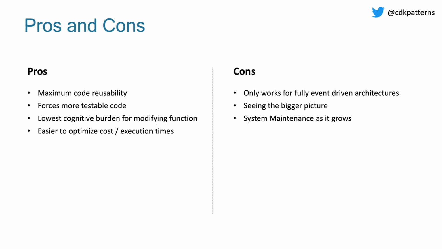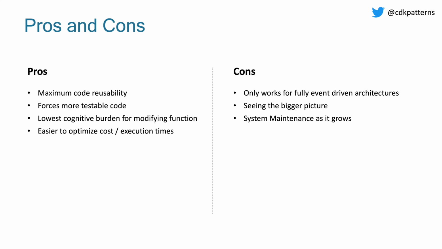Now, for the cons of this, because your application is broken down into those Lego blocks, for me, you have to have a fully event-driven architecture for this to work. I just haven't seen anyone do it in any other way. The second con is that in the scenario of our serverless calculator, it's easy because you can picture a calculator in your head.